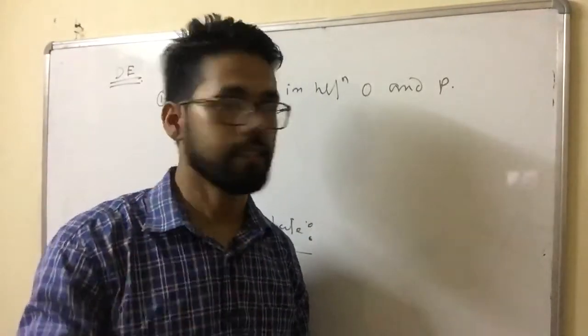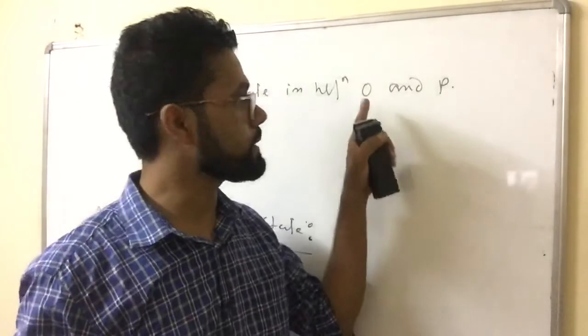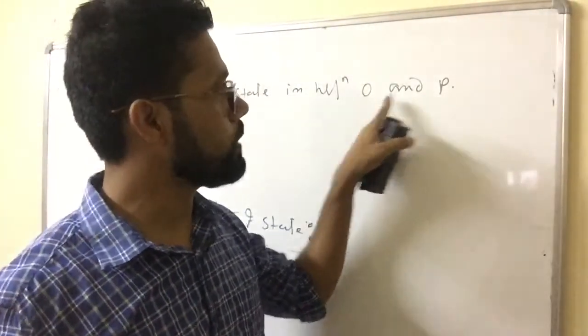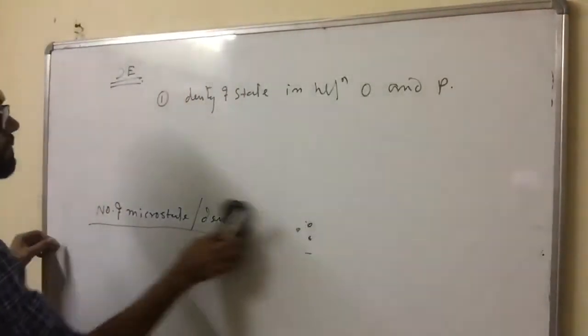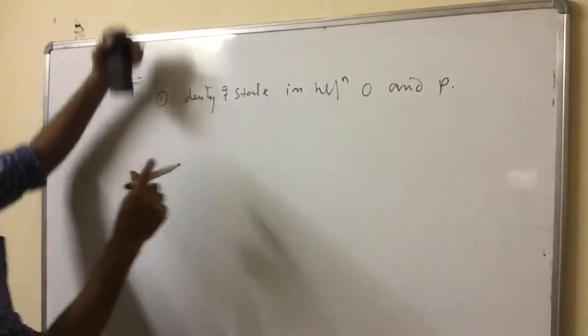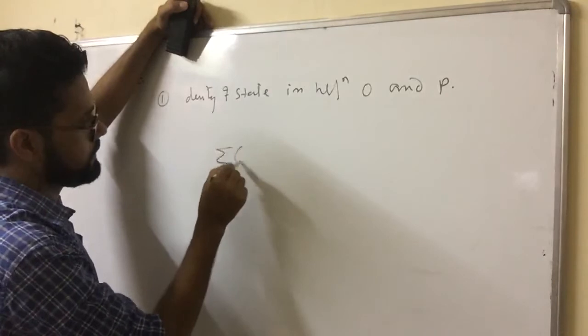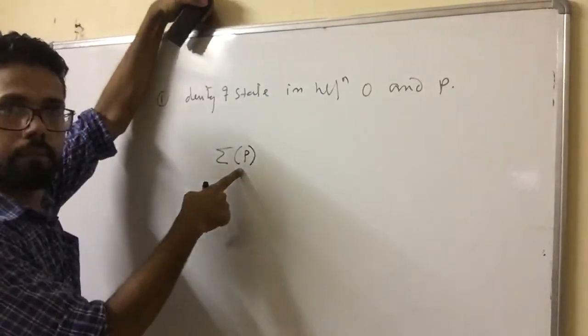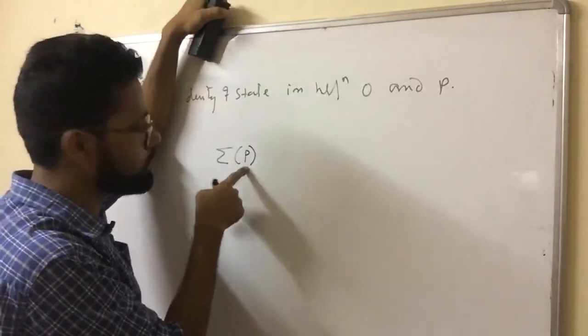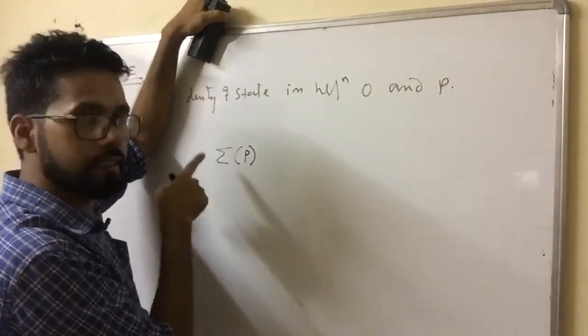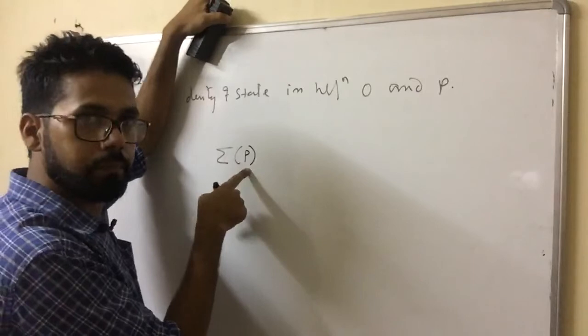Similarly, in the microscopic cell, I calculate the number of microstates in between 0 and momentum P first, then I will move on. This is represented by sigma of P. Why am I writing P? Because it is a function. Sigma is the density of state, and it is a function of P.